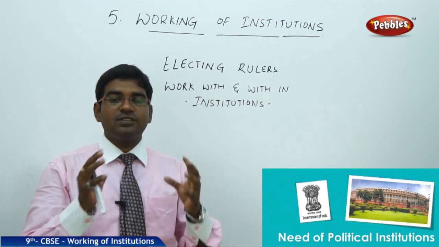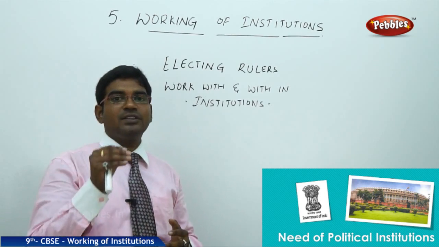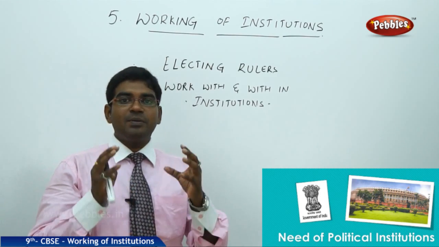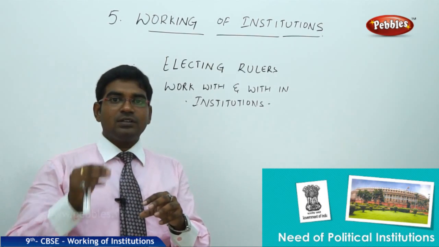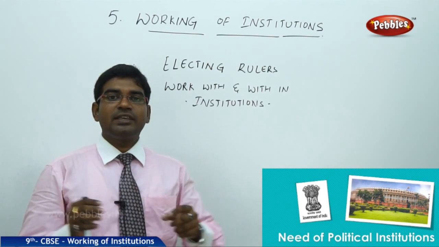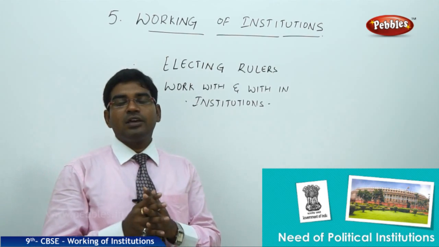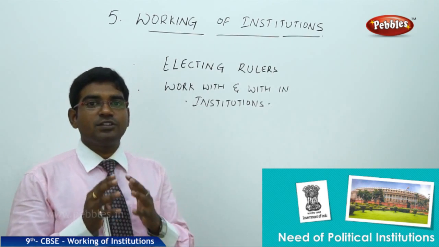Democracy also fixes a framework within which the parliamentarians, the members of the Vidhan Sabha or any people's representative have to work with the institutions, within the framework given by the constitution. So they cannot go beyond the framework of the institutions.